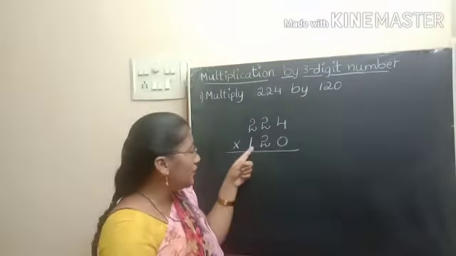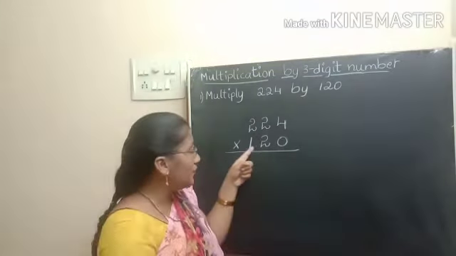First, we should start from ones place. We just ignore 1 and 2. Now, multiply 224 by 0. Take these steps. 0 into 4. By multiplying any number with 0, we get 0 only.